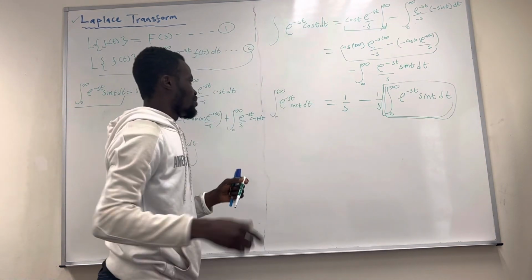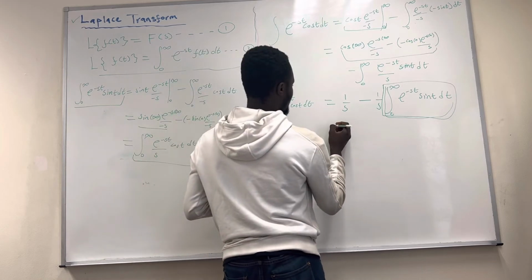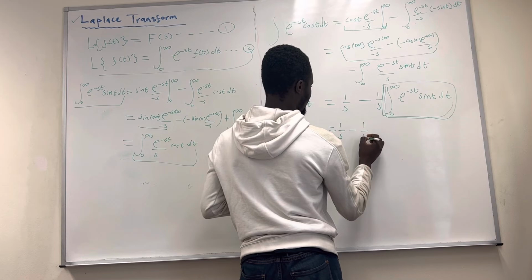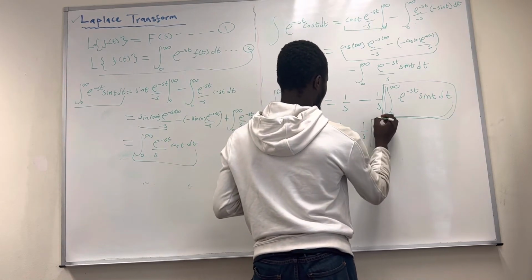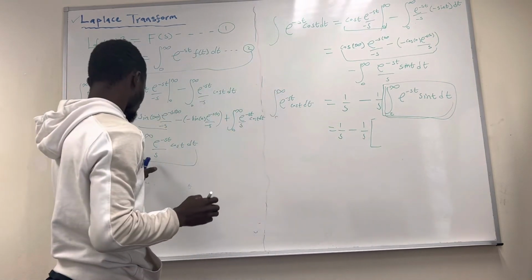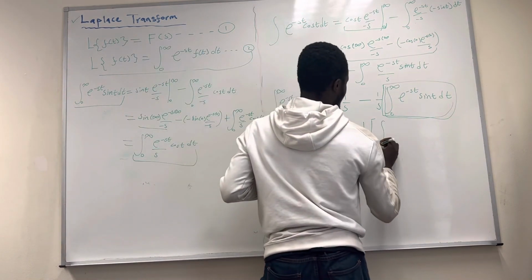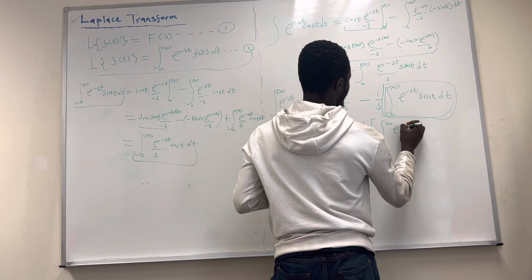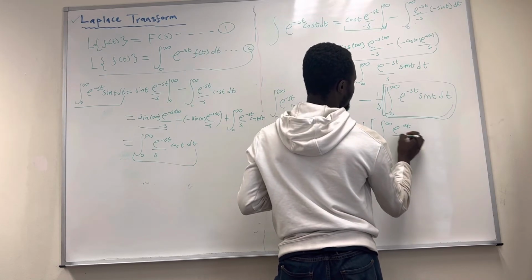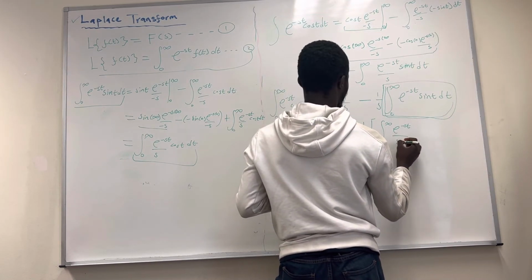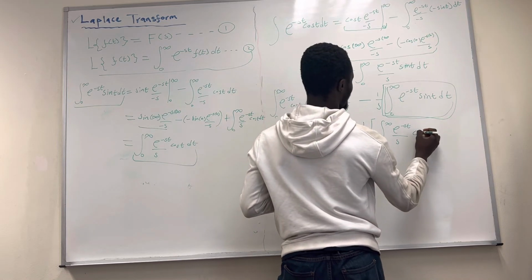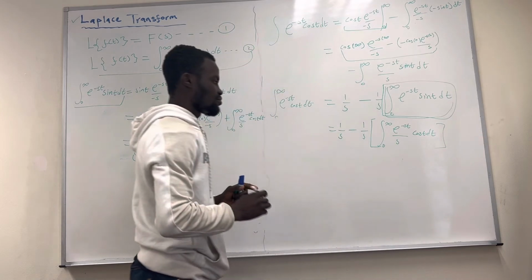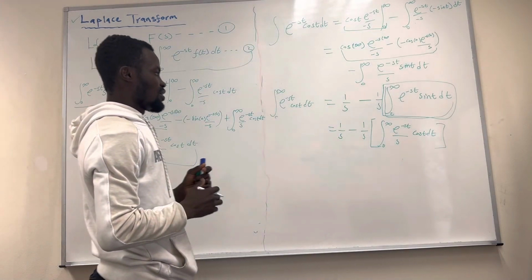So now we have 1 over s minus 1 over s, brackets open, then we have integral from 0 to infinity e to the negative st all over s, then cos t dt. Okay, good. So now this is what we have to do.